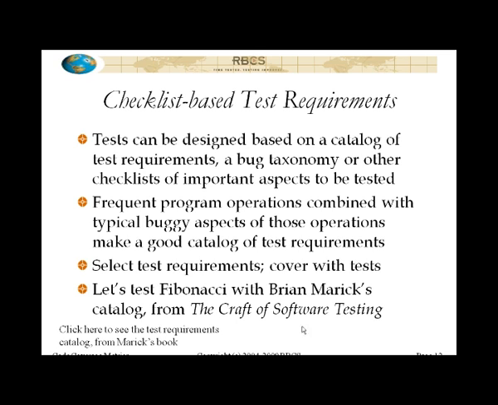But the idea that we can generalize from frequently observed bugs into things that we should test, and then cover those test requirements with tests, is definitely very similar to Whittaker's idea.